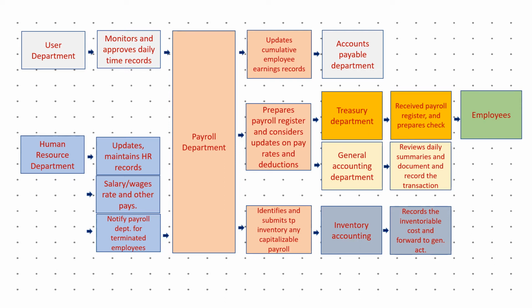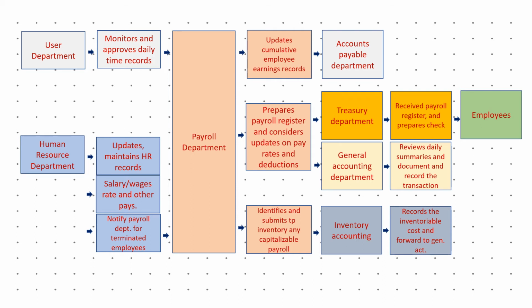So that is still in the future. The payroll under employee earnings, which is the payroll register, is the current or short-term one. Upon preparing the payroll, it is sent to the Treasury Department. Aside from the Treasury Department, General Accounting will also get a copy of the information for recording.